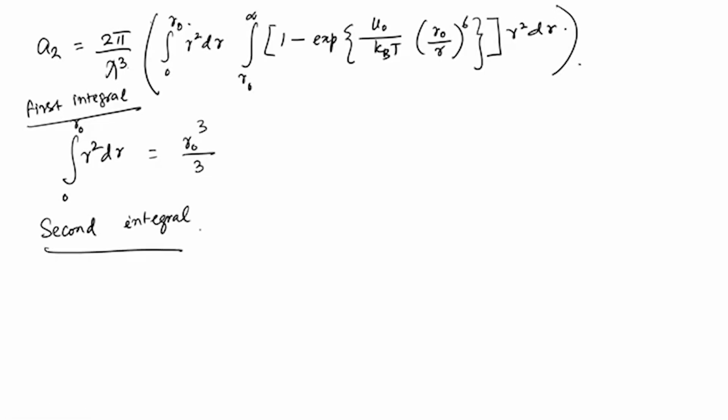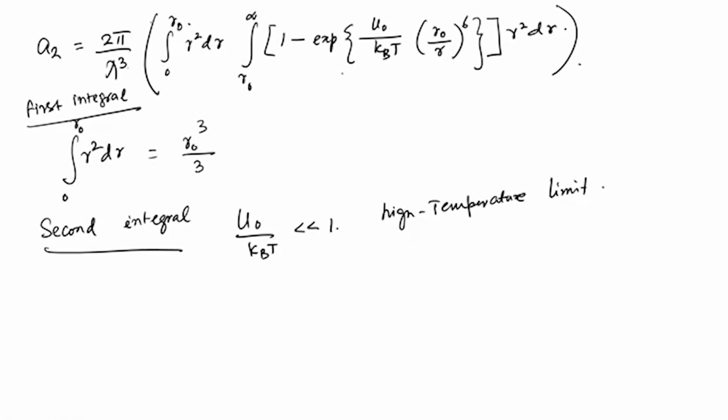So, the second integral, if you make an approximation that your u0 by kT is much smaller than 1, this is called the high temperature limit, and this has been told earlier, that these are small but finite at large temperature.